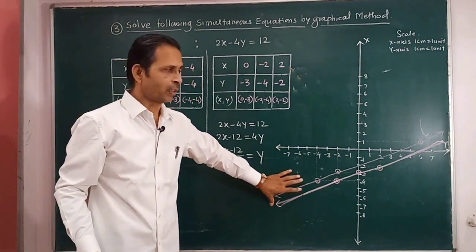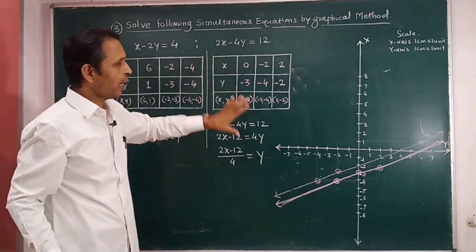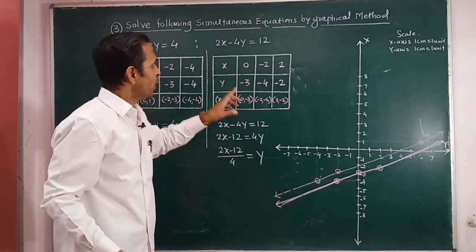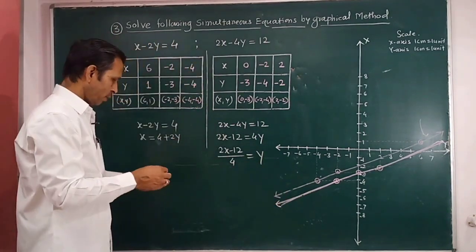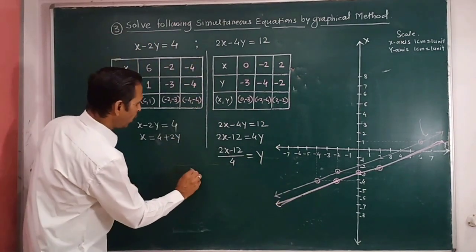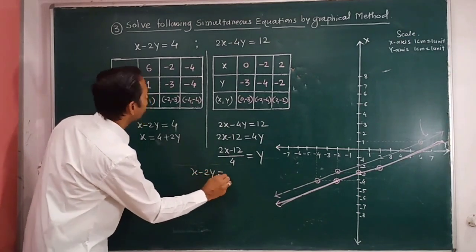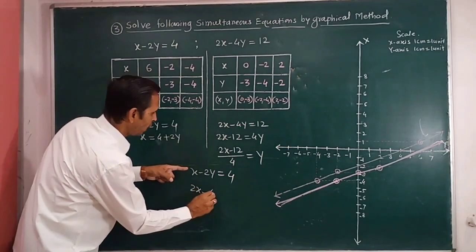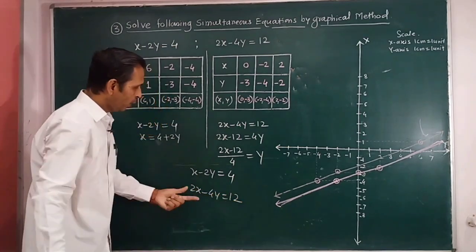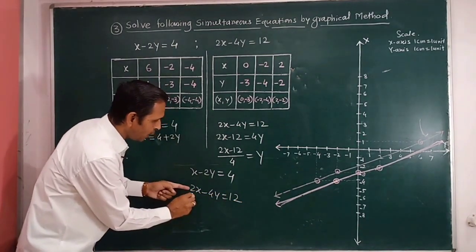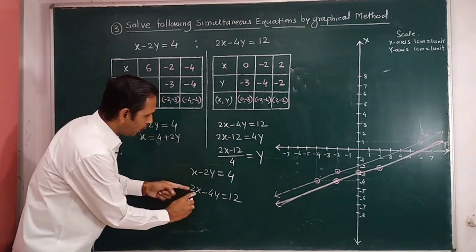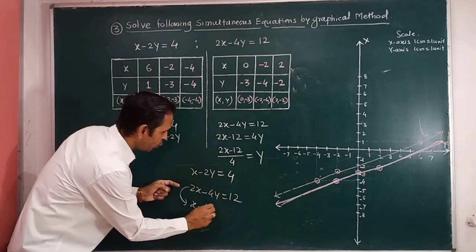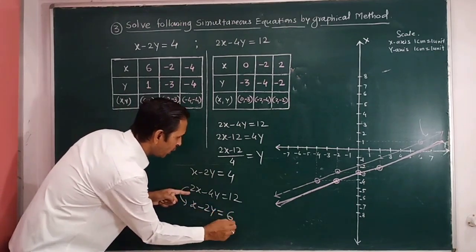If you observe the equations, x minus 2y is equal to 4, and the next equation is 2x minus 4y is equal to 12. If you divide this equation by 2, we obtain x minus 2y is equal to 6.